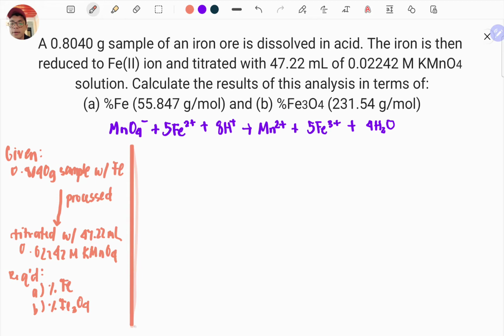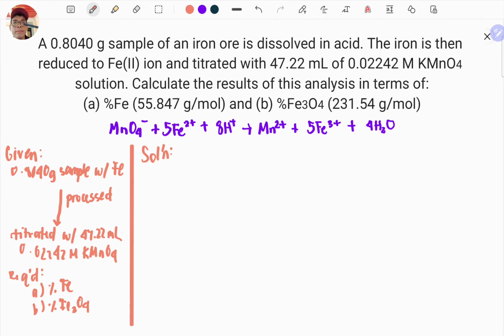Now, we are asked to solve for percentage, right? So in this case, it makes sense to provide the percentage by weight because our sample is presented in terms of having a mass and not a volume. So that's 0.804 grams of sample.